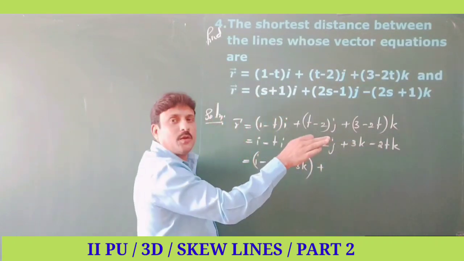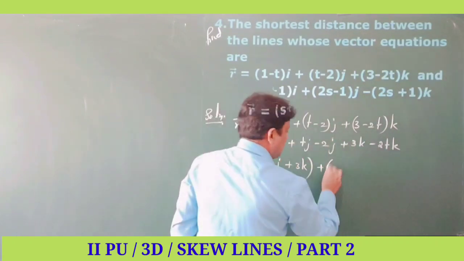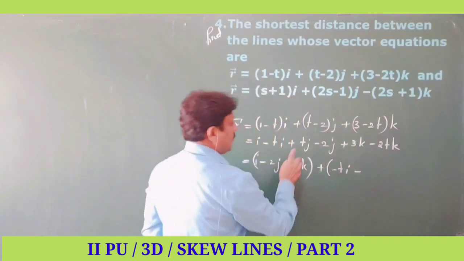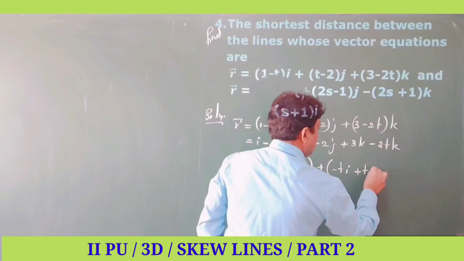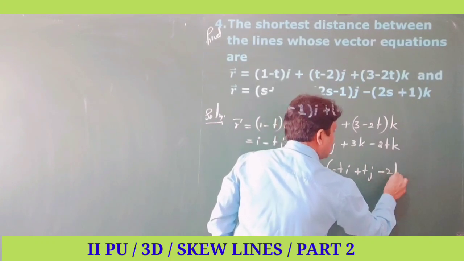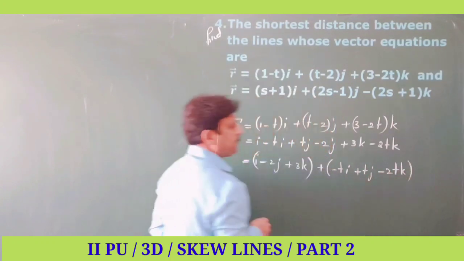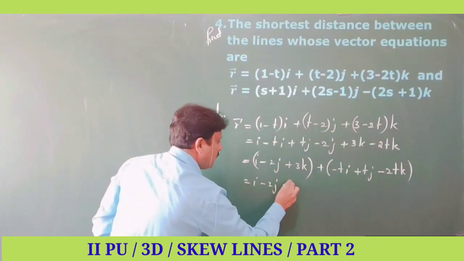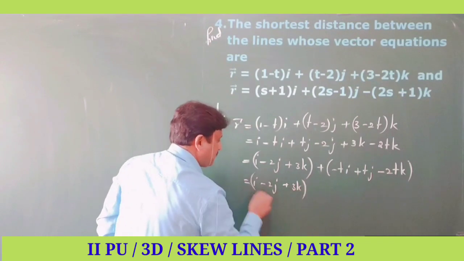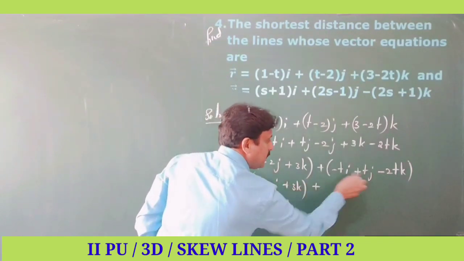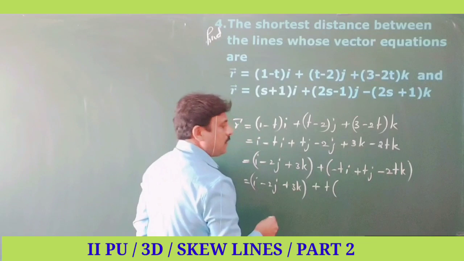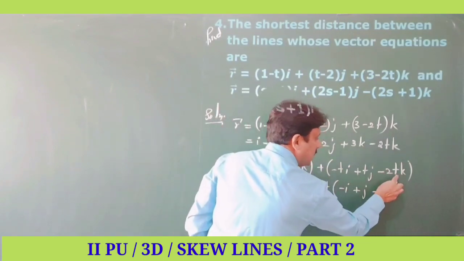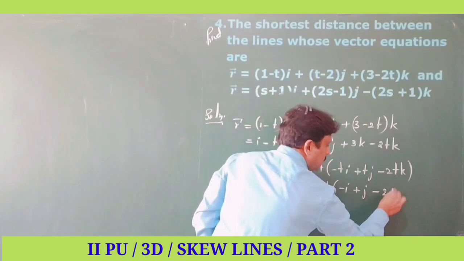Take all the t terms together, as separate: minus ti, plus tj, minus 2tk. Now the last step: i minus 2j plus 3k plus t common, remaining minus i plus j minus 2k.